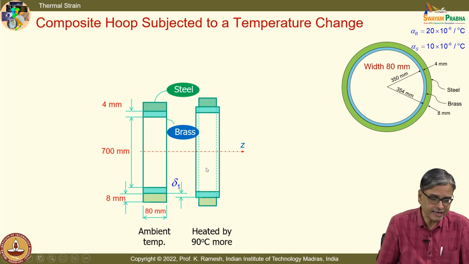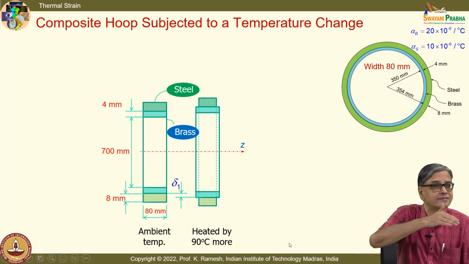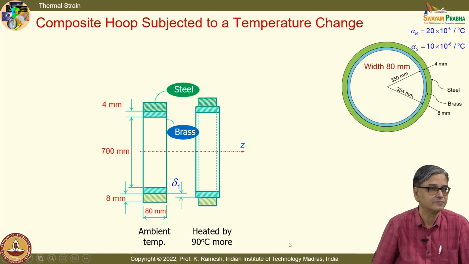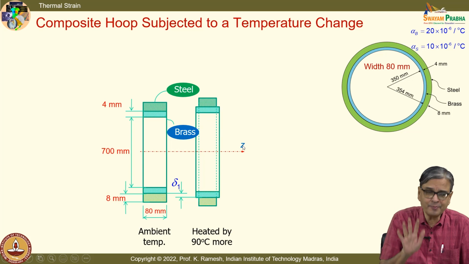On the radial direction, it has expanded. When you have a circle, when there is a change in the radius, it also has a change in the circumference. Fine. And because you have pressure developed, the composite hoop still remains a composite hoop.